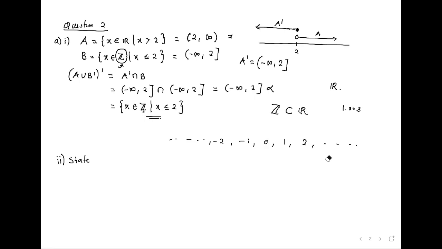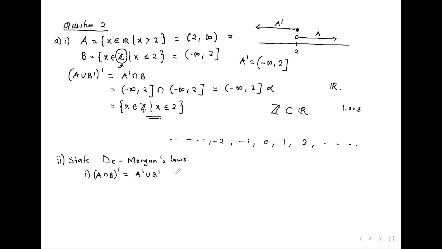Things that you ignore. This was a question in the exam: state De Morgan's laws. There are two. One, the complement of A intersection B is equal to A complement union B complement.